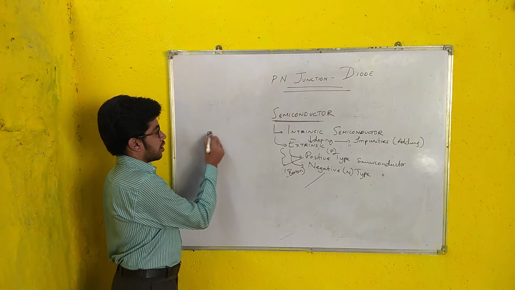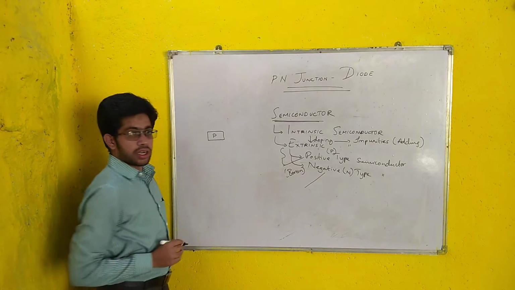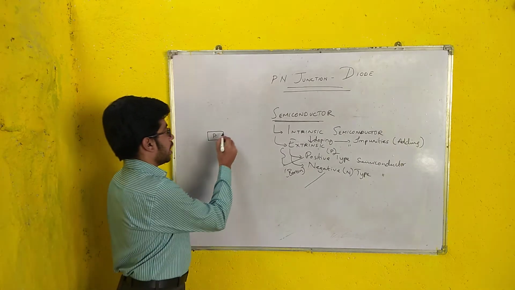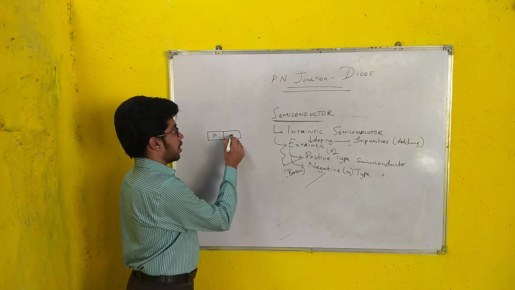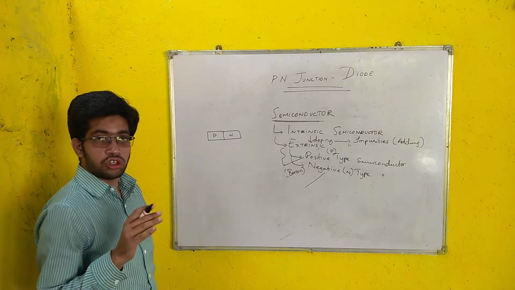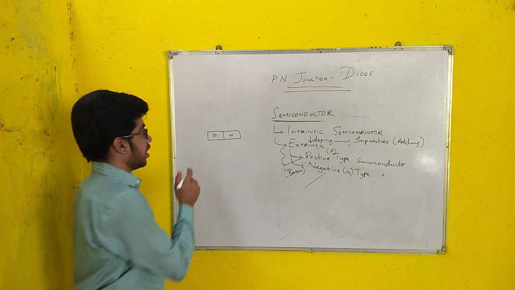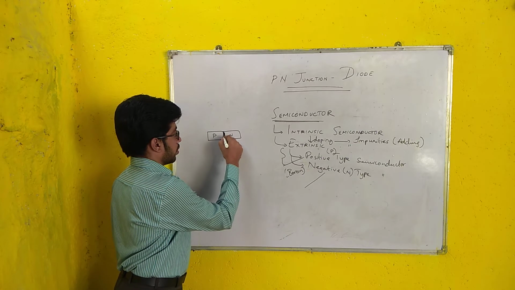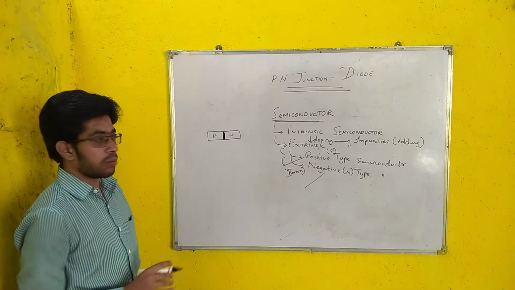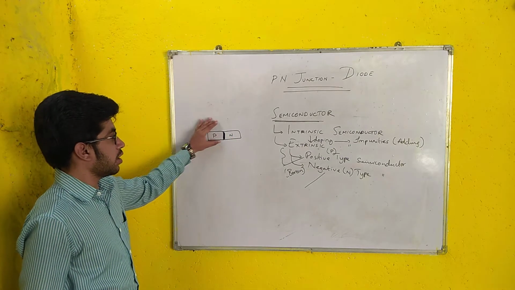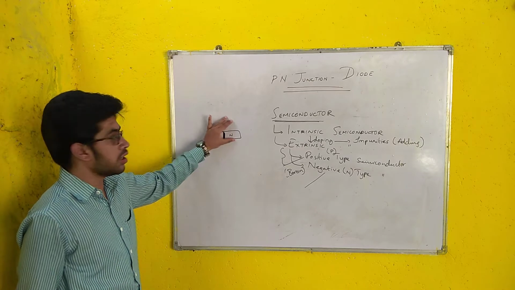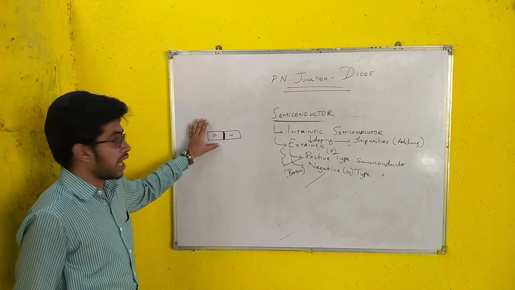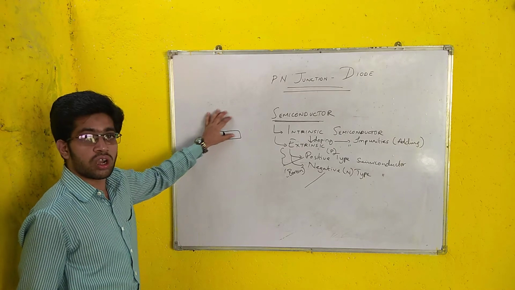If I take a p-type semiconductor and an n-type semiconductor and join them together, I'll call it a PN junction. So I'm taking one p-type semiconductor and one n-type semiconductor and joining the two, and the junction separating the two is called a PN junction.